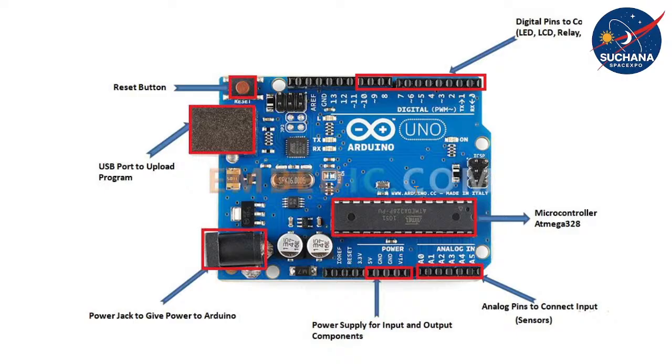So the memory architecture is divided into different sections, but everything is packed in a single integrated circuit, which we call a microcontroller. This is the ATmega328P, which you find mounted on top of the Arduino UNO.